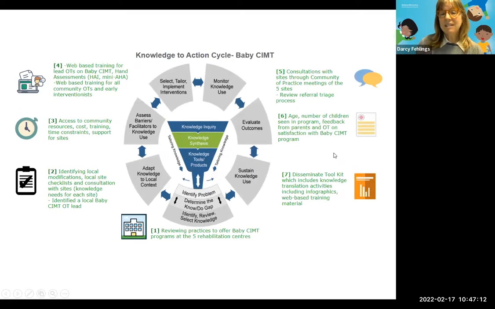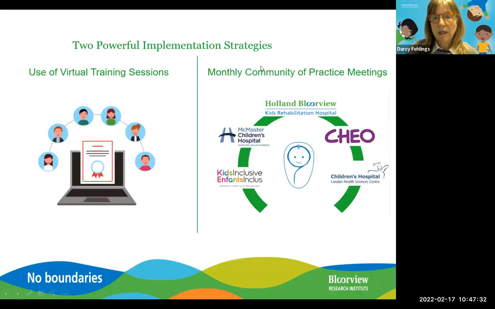And then we did a similar knowledge to action cycle for building the baby constraint programs at each of the sites. Of course, the 7 steps were different, but there was support to develop the baby constraint at each of the sites.